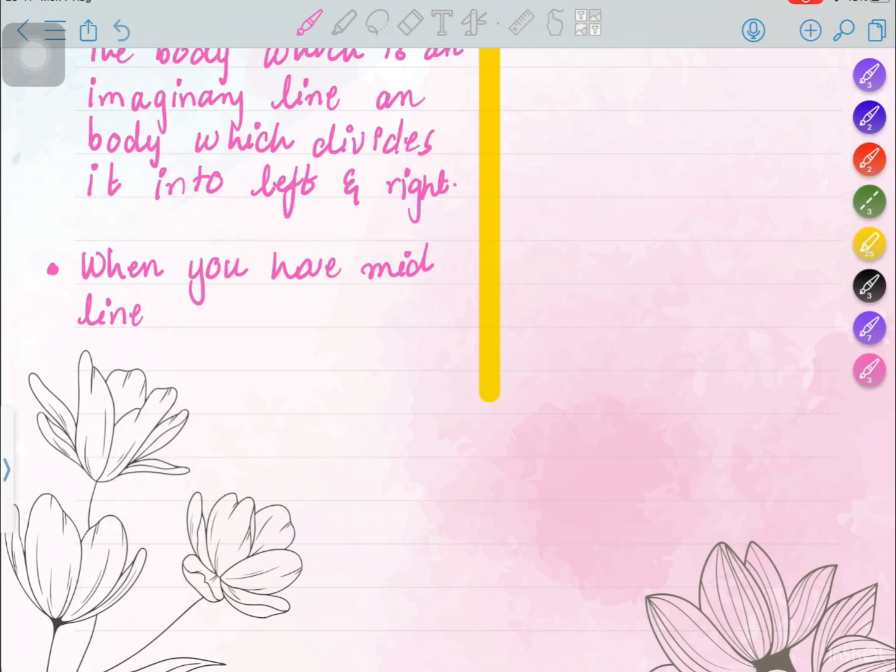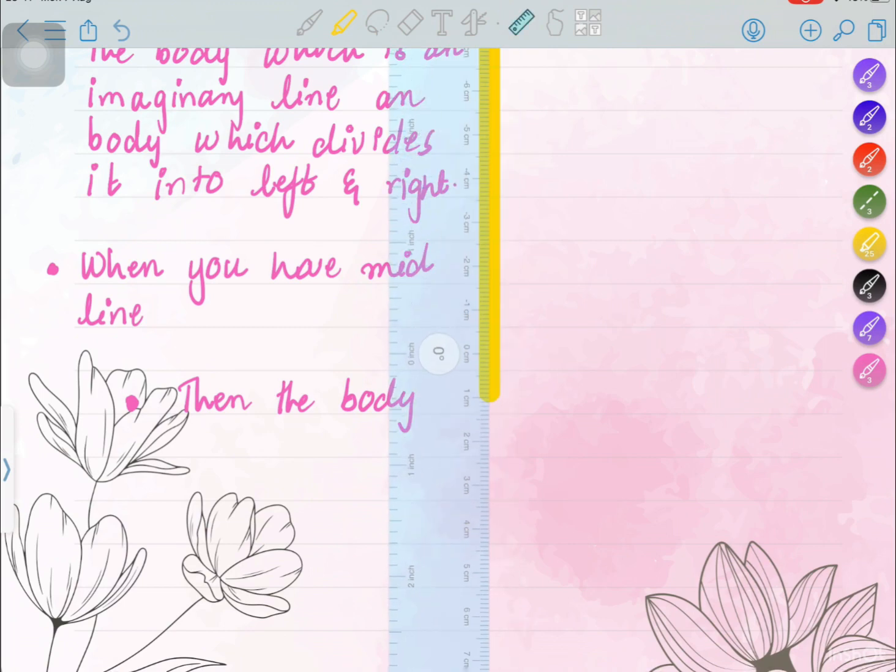Then the body part that is closer to the midline, remember, is medial to the structure further from the midline.